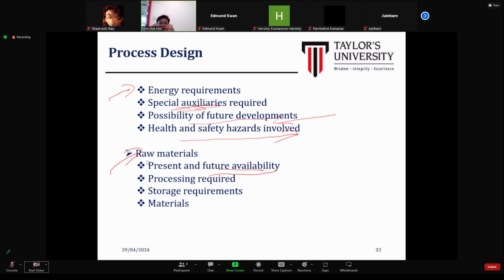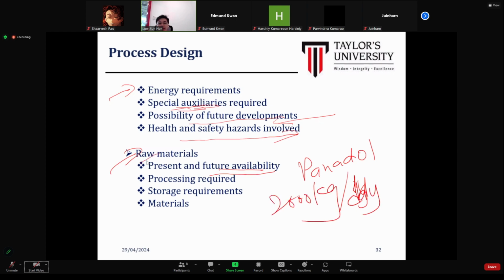Sustainable in this context means we need to make sure the supply of the raw material is continuous, meaning that we have sufficient supply of raw material to allow us to produce the product that we want to produce. So let's say now you want to produce Panadol, and every day you want to produce 2,000 kilograms.